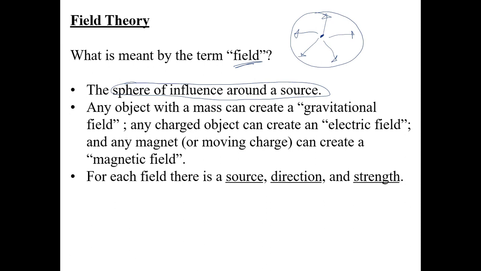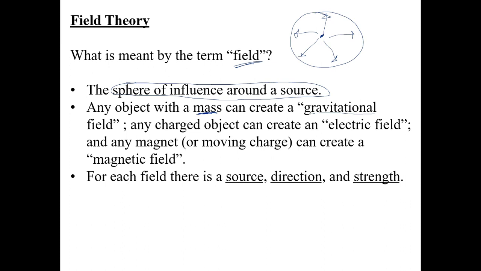So any object that has a mass. So we can be talking about big, huge things like planets and stars, or tiny, tiny little things like atoms and even subatomic particles. But if they do have a mass, then they do generate a gravitational field.